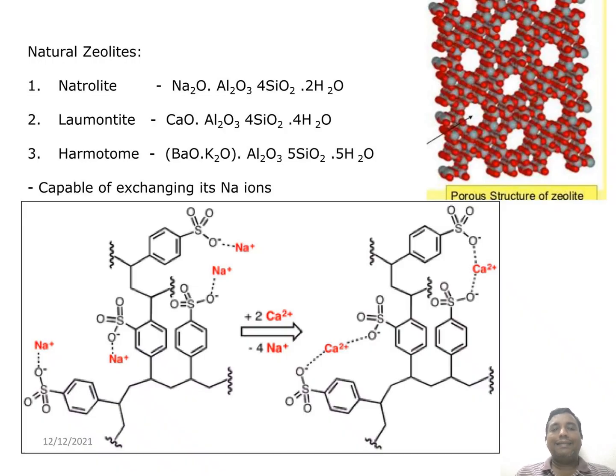These are capable of exchanging their sodium ions. That is the structure by which it can exchange the ions, the Na+ with Ca2+ and Mg2+.